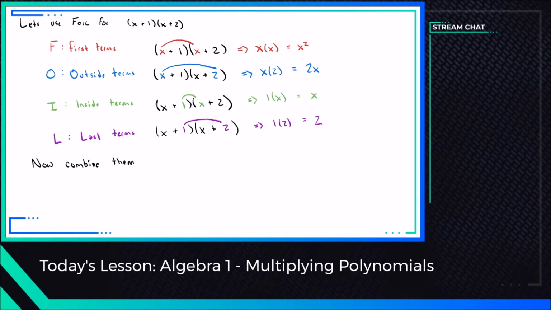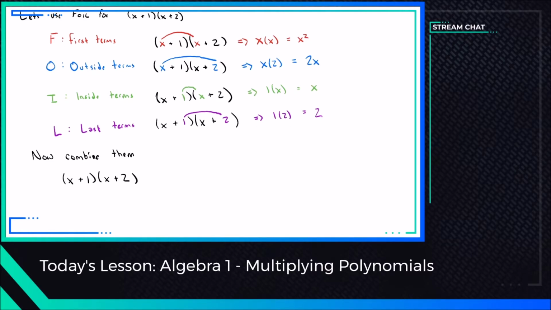So if we originally had an x plus 1 multiplied by an x plus 2, that is going to equal each one of these terms added together.